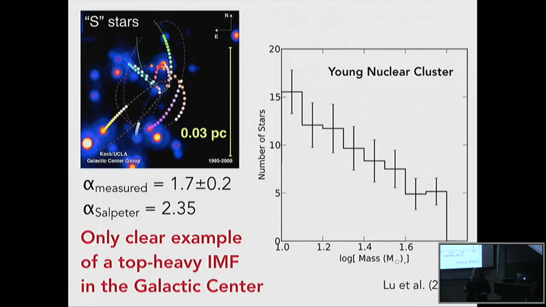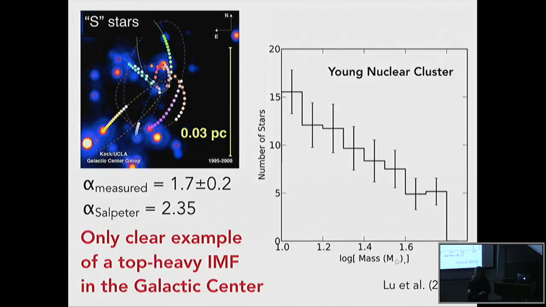And the reason I say this is our best evidence right now is because these stars mostly formed in the potential of a supermassive black hole, and for the most part likely stayed there. Whereas when we measure the IMF, or rather the present-day mass function of the other clusters, it's very likely that they've been stripped significantly by their journey throughout the central potential. So here we say, okay, stars that close to the black hole seem to have formed differently.